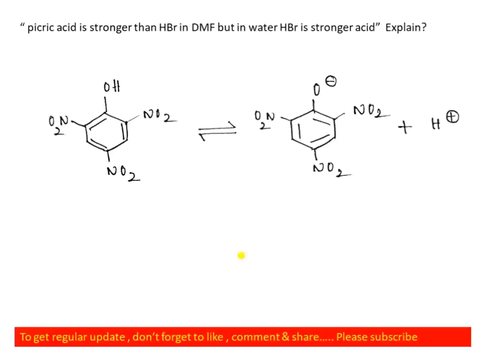So if the acid is large, then its conjugate base will be large, and that is why its solvation will decrease. Thus it gets less stability, and the conjugate base gets a greater tendency to take protons, the greater value of Ka and the lesser value of pKa. But in a polar aprotic solvent like DMF, the solvation increases with the size of the anion in the solvent.